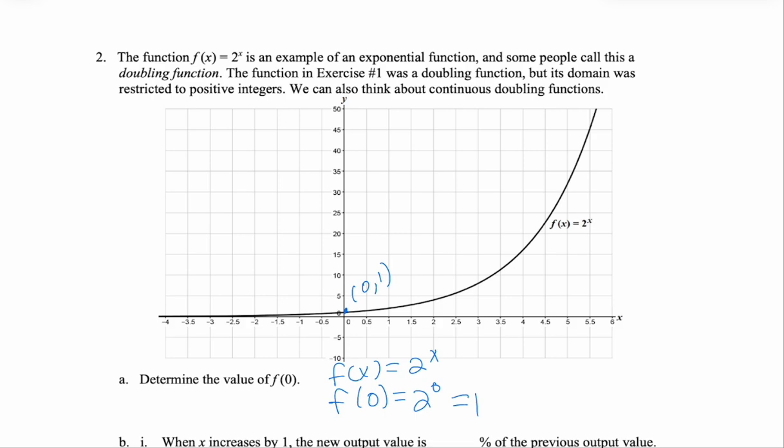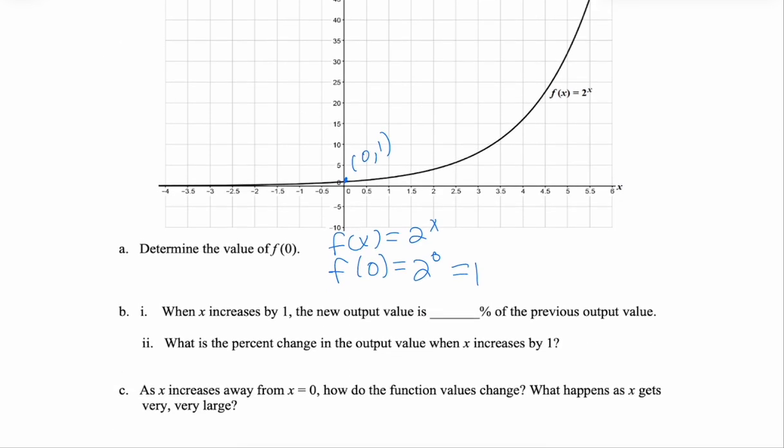Okay. It says when x increases by 1, the new output is 200% of the previous output. What is the percent change? Well, it started at 100%. It ended at 200%. Remember, it's always end minus beginning.